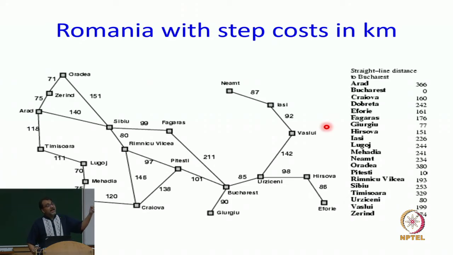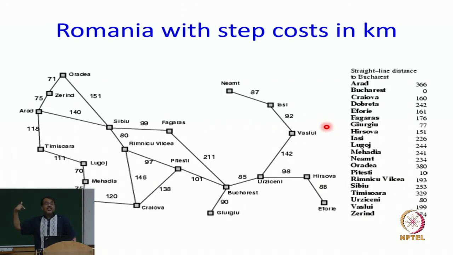But then when I came back from Nyamt to Iasi, for this Iasi the g function has become 174, 87 and 87. However, the g function to Vaslui is still 92, because it is from the first Iasi, not the second Iasi that got encountered.